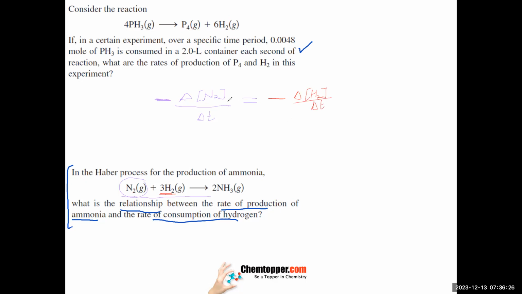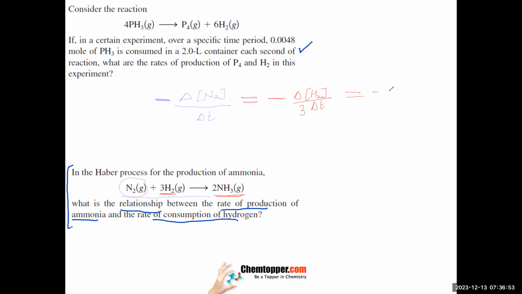But this coefficient, these are not equal. It should be divided by 3. Why? Because the rate of consumption of H2 is 3 times more than that of N2. If you want to put them equal, you have to divide it by 3, which is equal to, now this is the one which is formed, produced. This is the one for which they are talking about the rate of production.